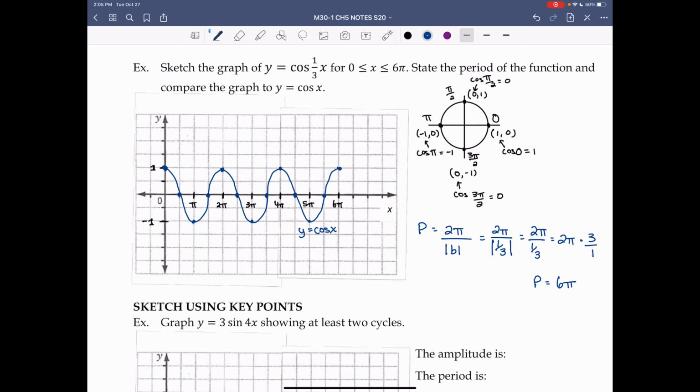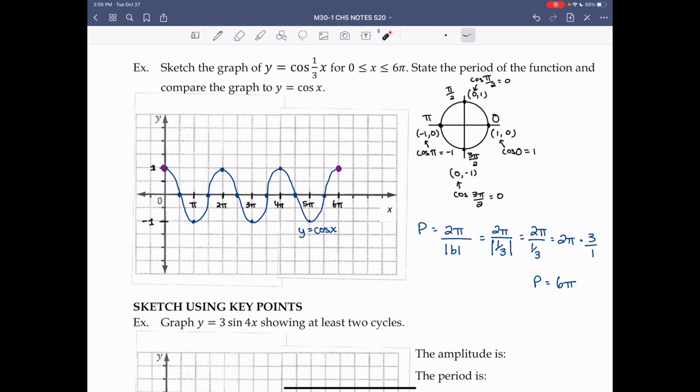We know that our y values aren't going to change, just the x values. Our period is 6 pi. The first point is going to be the same, the last point is going to be the same, but now this 0 to 6 pi, instead of having 3 full cycles in it, like we did with cos x, 1, 2, 3, we're just going to have 1 cycle.